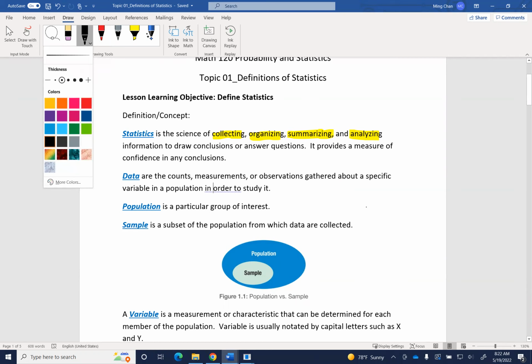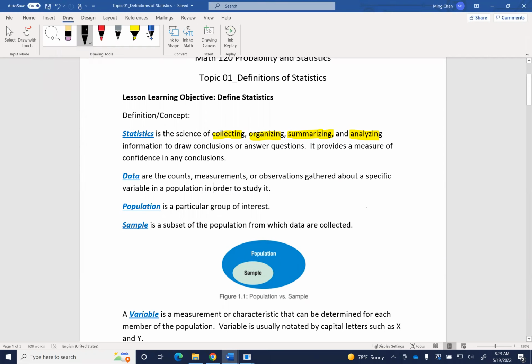All right, let's take a look at the word data. What is data? Data are counts, measurements, or observations gathered about a specific variable in a population in order to study. Okay. So what is a population? Population is a particular group of interest we're trying to study.